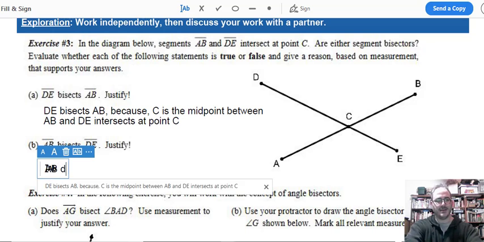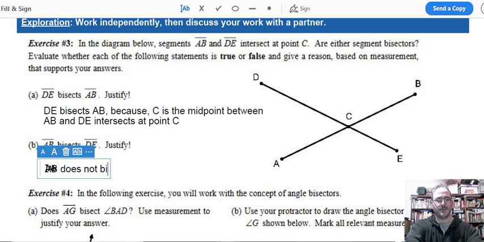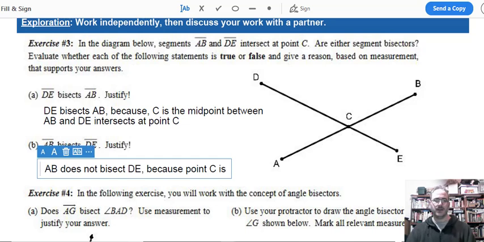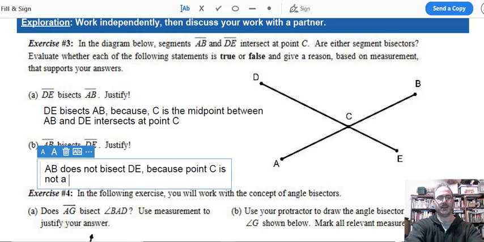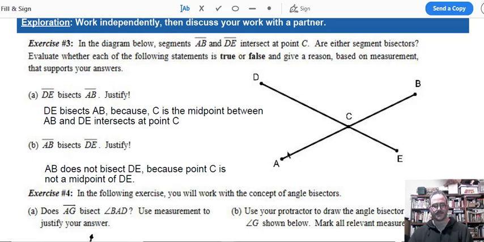AB does not bisect DE because C is not a midpoint of DE. All right, if you need more time, pause the video there. I'd like to move on.